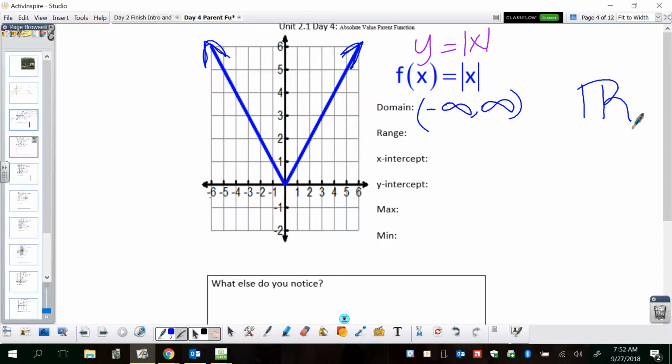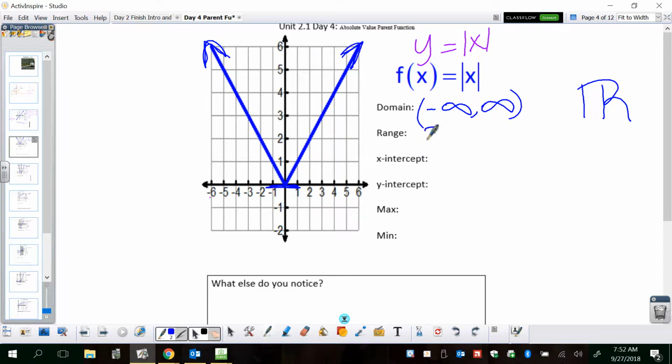Now, is my range all real numbers? No. Why not? Because it doesn't go down forever. Does it go up forever? Yeah, it goes up forever, but does not go down forever. So what's its lowest point? 0. So for my lowest point, am I going to use a bracket or a parentheses? Bracket, because it does actually touch 0.